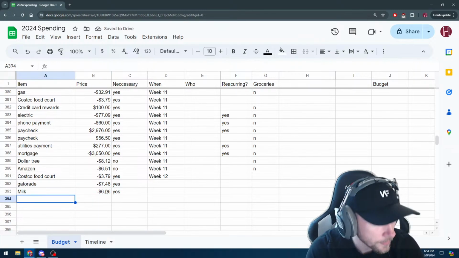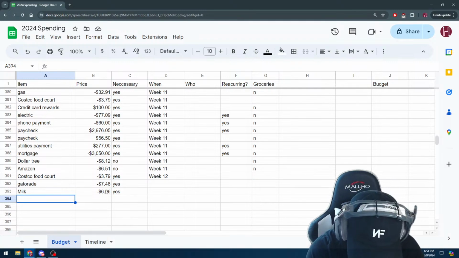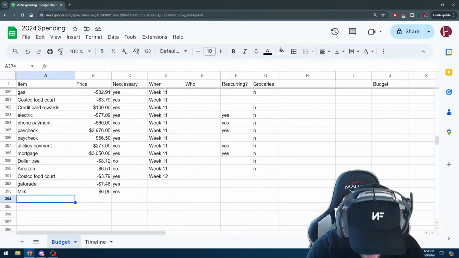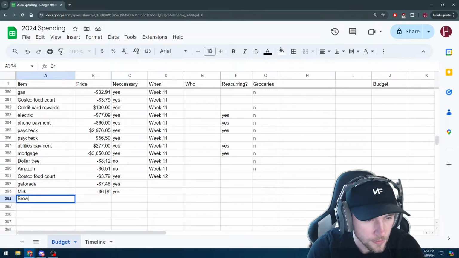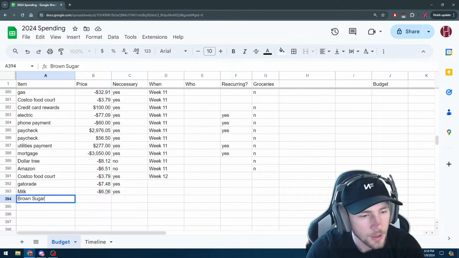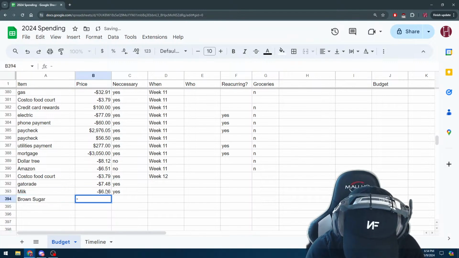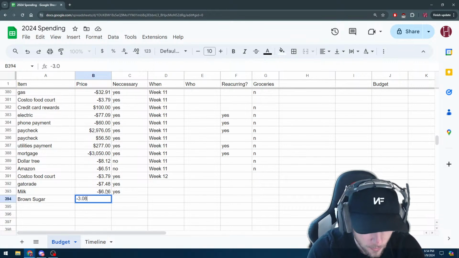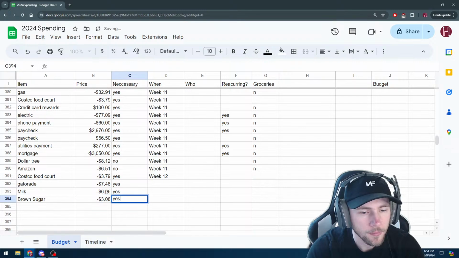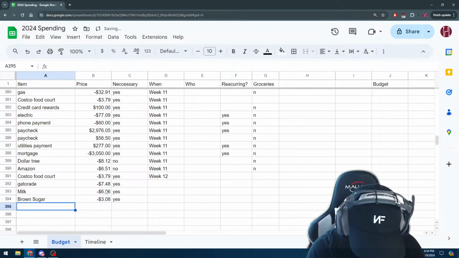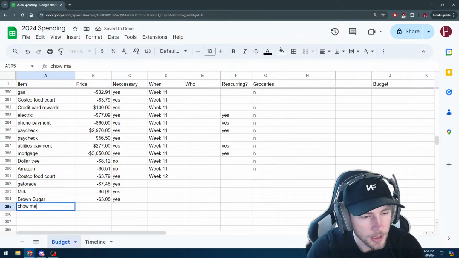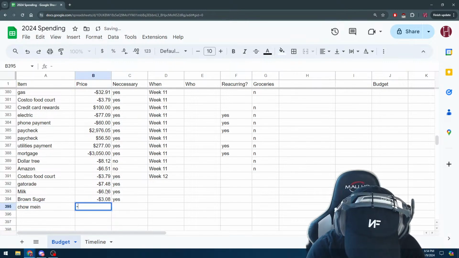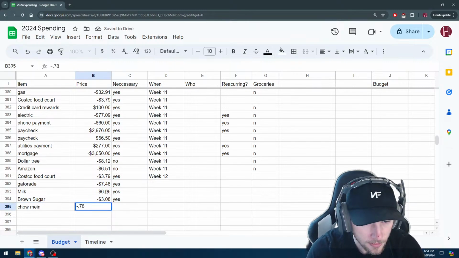Tab over. Let's see. CNH dark brown. I'm guessing brown sugar. Minus 308. We got chow mein at just 0.78.